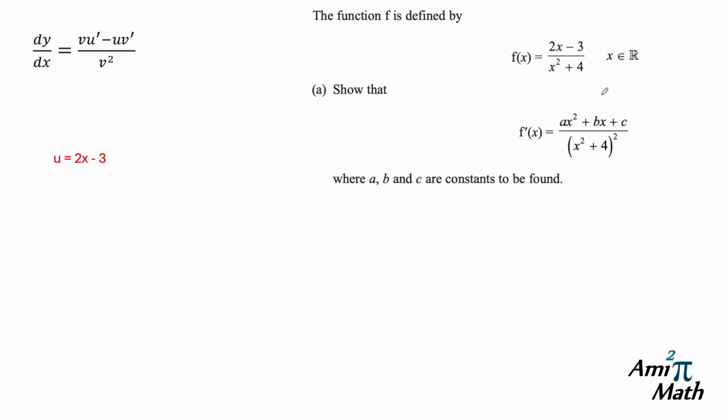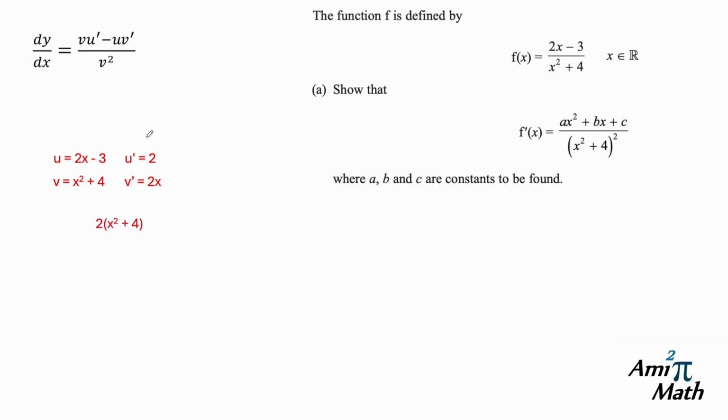So here, u equals 2x minus 3 and v equals x squared plus 4. We find u differentiated, which is 2, and v differentiated is 2x. Then we put that back into this equation.